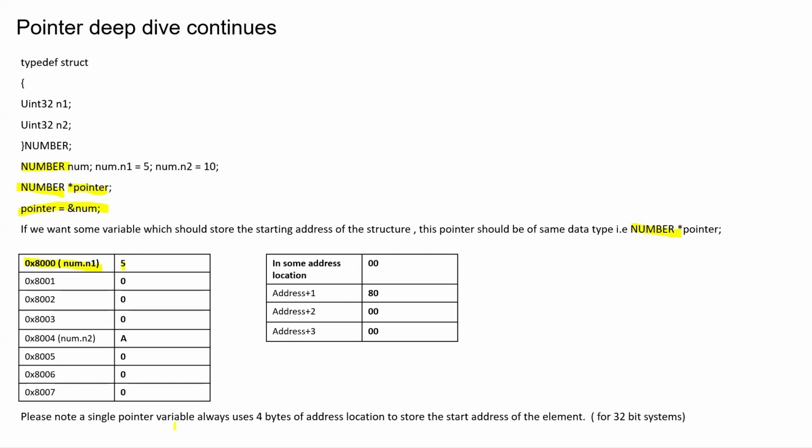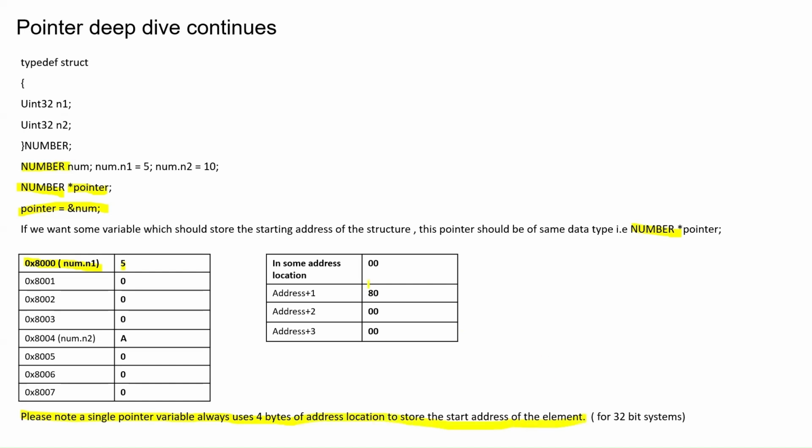But one thing you want to understand is, if you have a structure with 5 elements, 10 elements, whatever it is, it will only store the start address of the element, which will be 4 bytes of address location. Please note a single pointer variable always stores 4 bytes of address location to store the start address of the element.